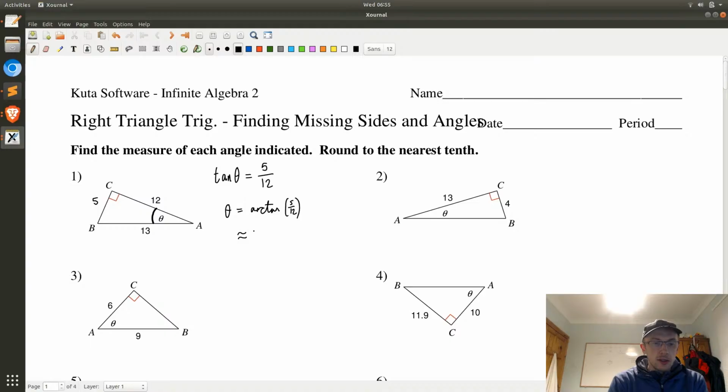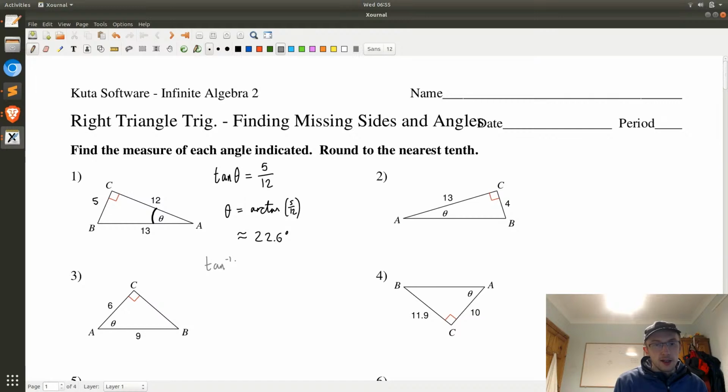Okay, so I type in arctan 5 over 12. I just literally write in 5 divided by 12, close it, and I get 22.6. On your calculator, it will almost definitely look like this.